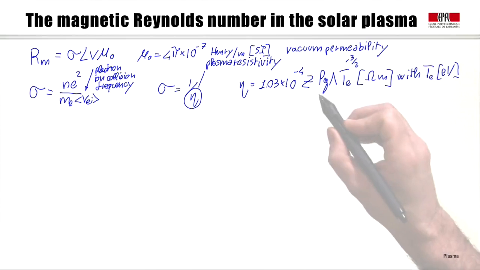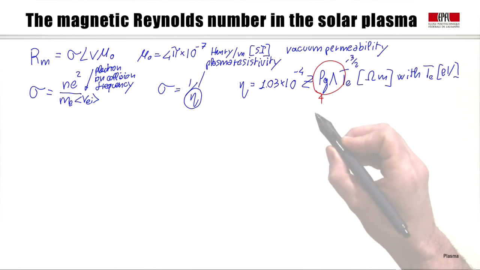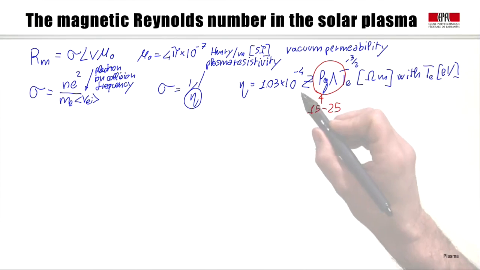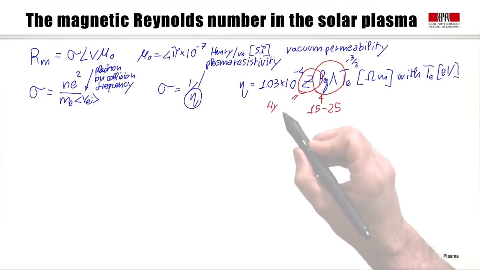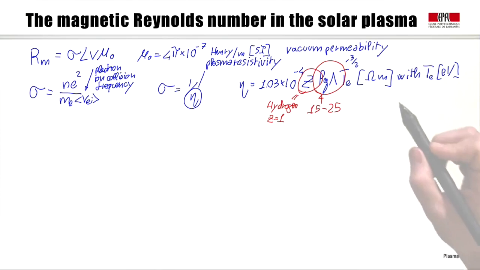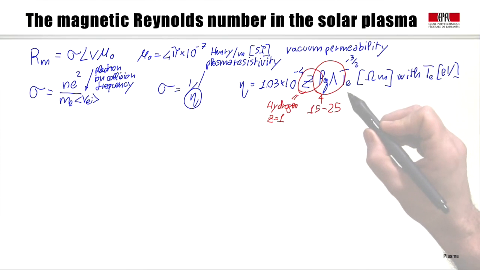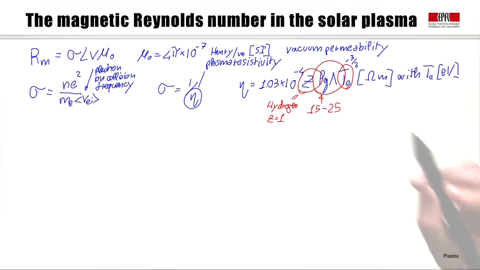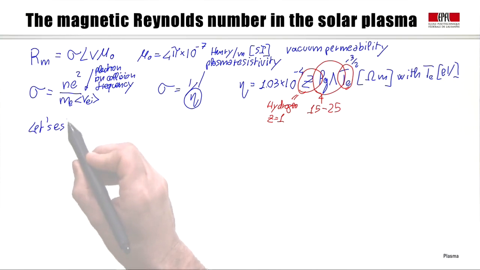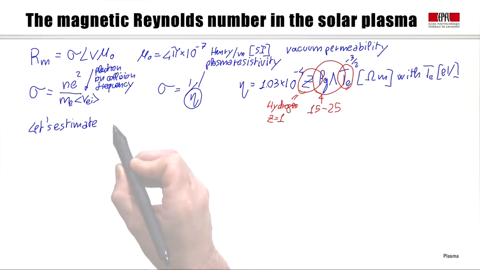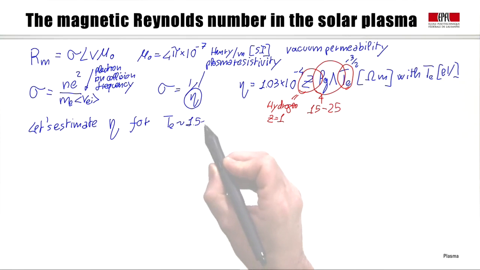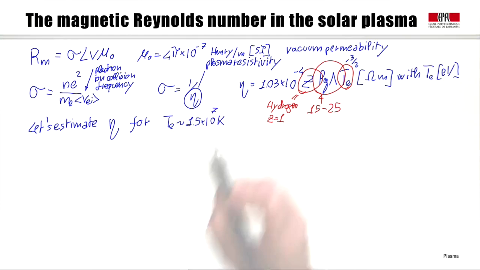This formula involves the Coulomb logarithm with a value usually between 15 and 25, the effective Z of the plasma that we assume equal to 1 by taking a hydrogen plasma, and the electron temperature, which in this formula is expressed in electron volts. Let's now estimate the plasma resistivity using the temperature that we have computed previously, which is of the order of 1.5 × 10^7 Kelvin.